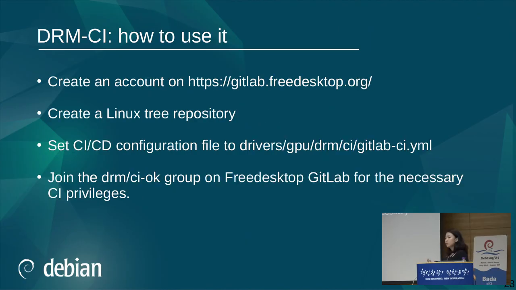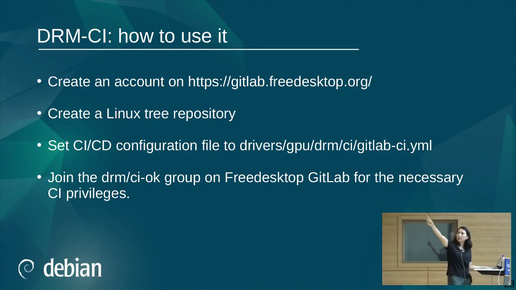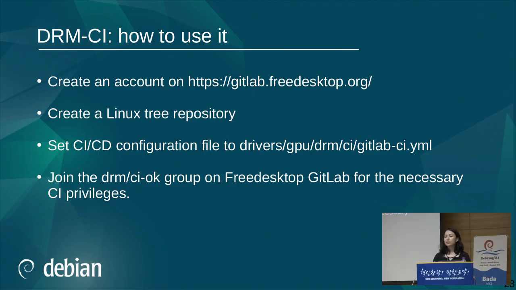So how can you use it? If you do something inside DRM, you can just create an account on gitlab.freedesktop.org. Then you can create a Linux repository there and just point the CI/CD configuration to this file: drivers/gpu/drm/ci/gitlab-ci.yml.